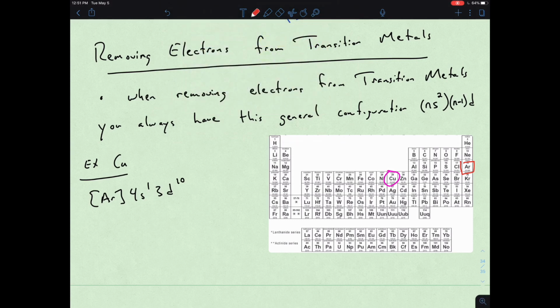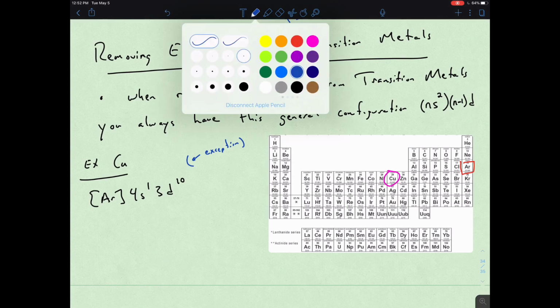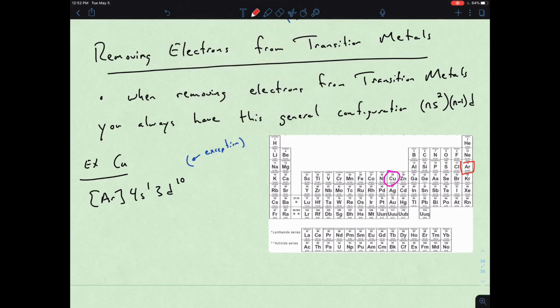Again, remember this idea that this is an exception. But what I'm trying to get at is this idea of an sd relationship, that you have this sd relationship just like you have off to the right. And I guess I should get rid of the squared, and that might make a little bit more sense. Usually we do see 2 electrons there.